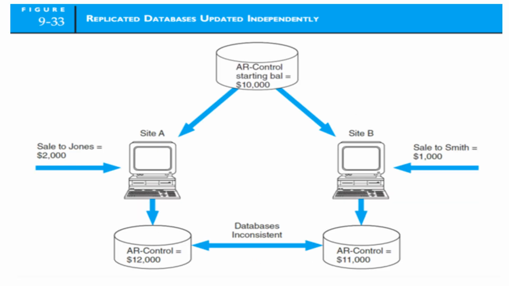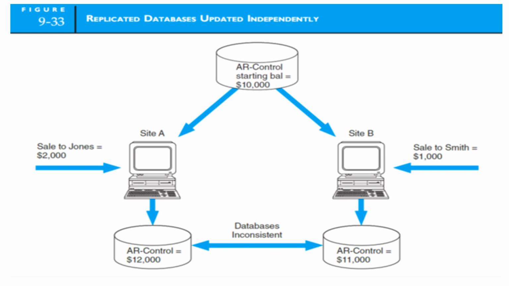So this is also just to illustrate the replicated database update dependency. Let's say in site A and site B we have an account receivable control starting balance of 10,000.